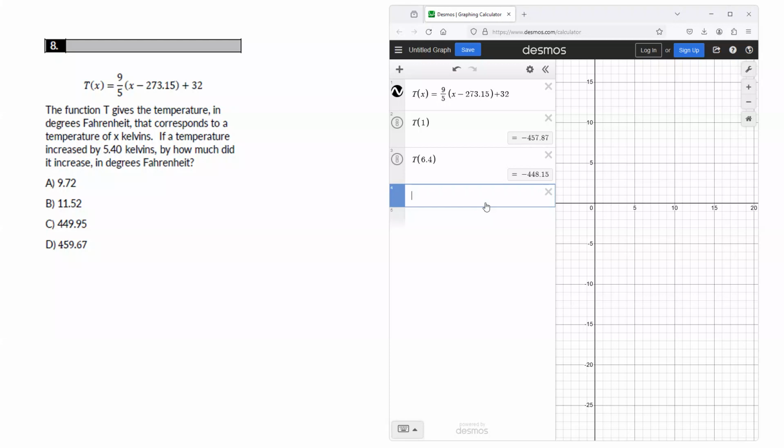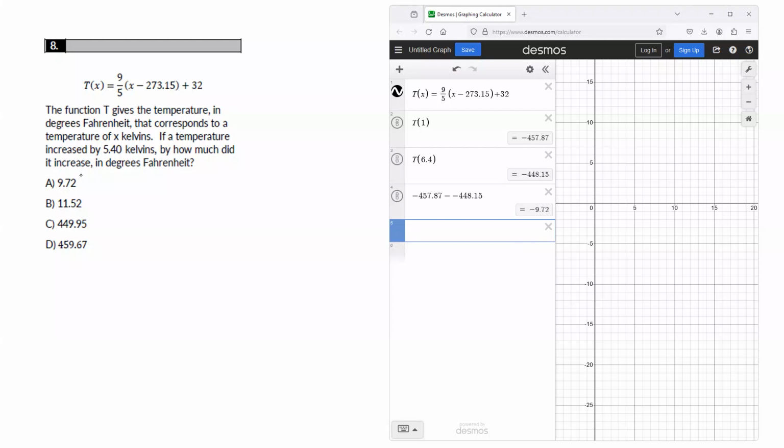So I'm going to do the negative 457.87 minus negative 448.15. And I'm getting here, oh, I should have done it in the other order and gotten a positive. That's okay. It does tell me there was an increase. So I will ignore that negative there. Next time I make this video, I'll put them in the other order. But this is going to be 9.72.